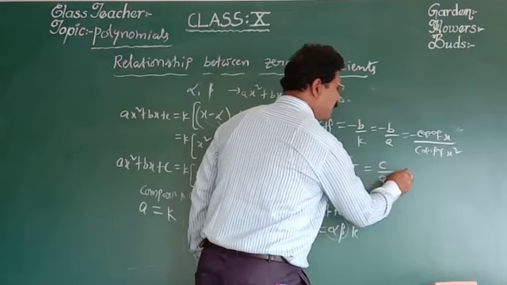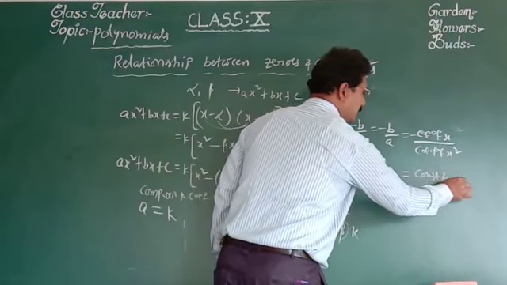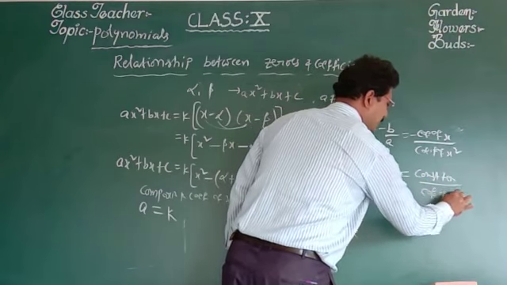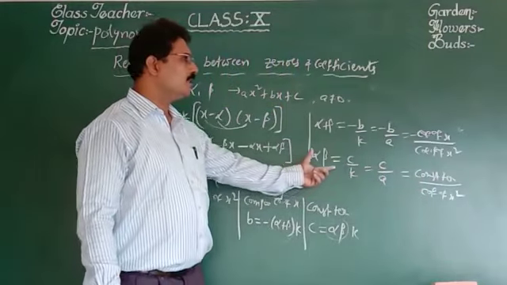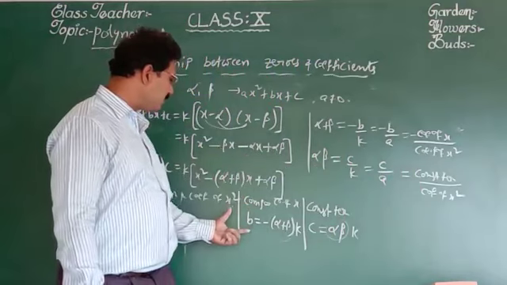Alpha beta is c by a, that means constant term by coefficient of x square. This is the way to represent the relationship between zeros and coefficients of the quadratic polynomial.